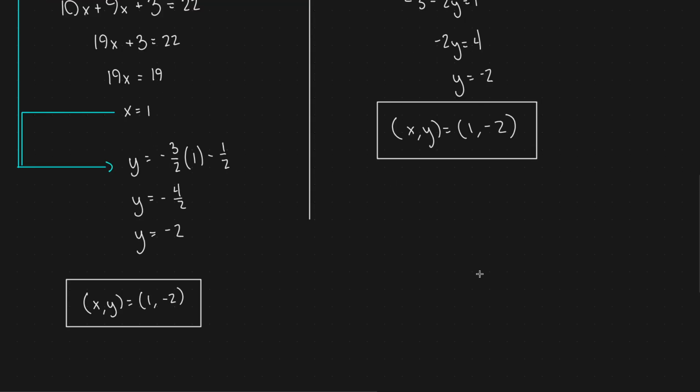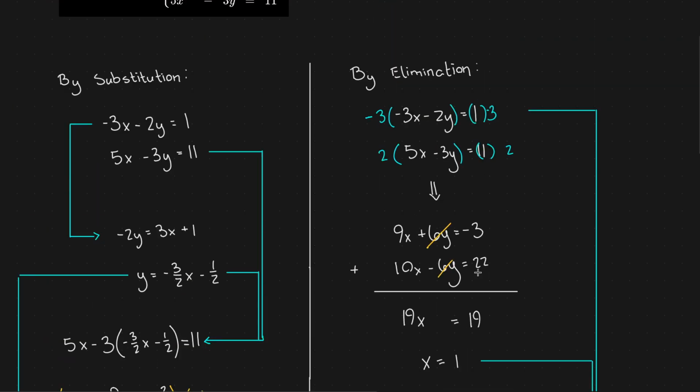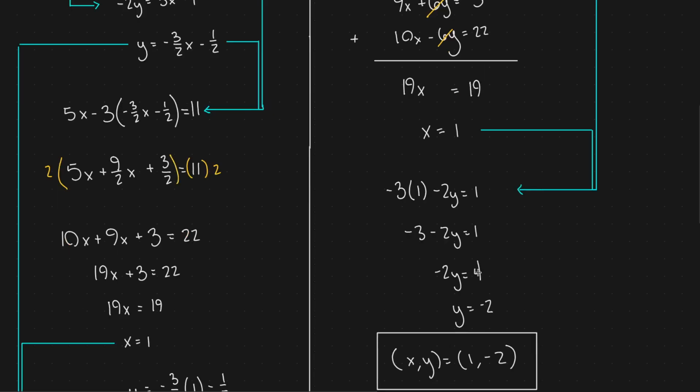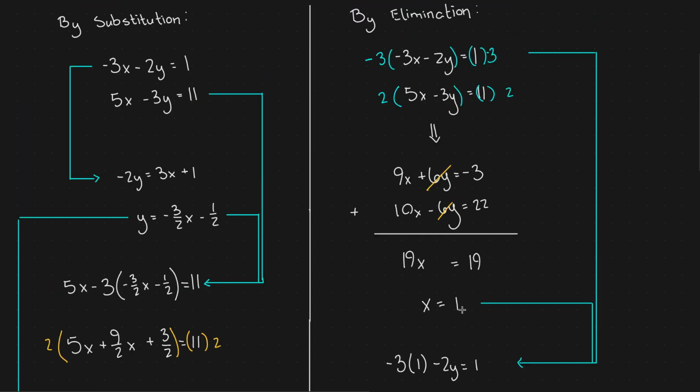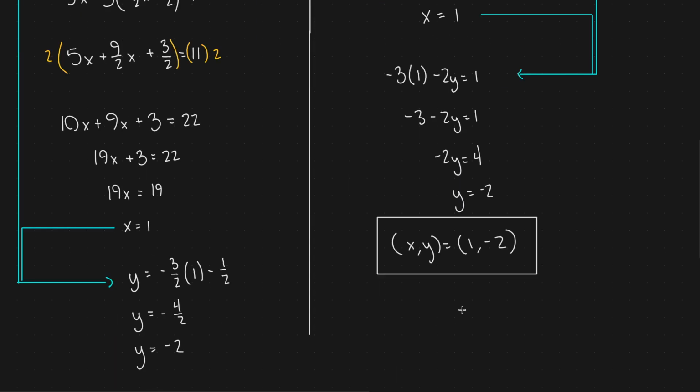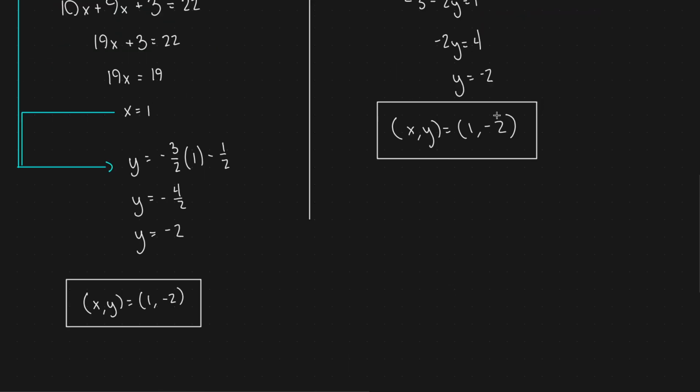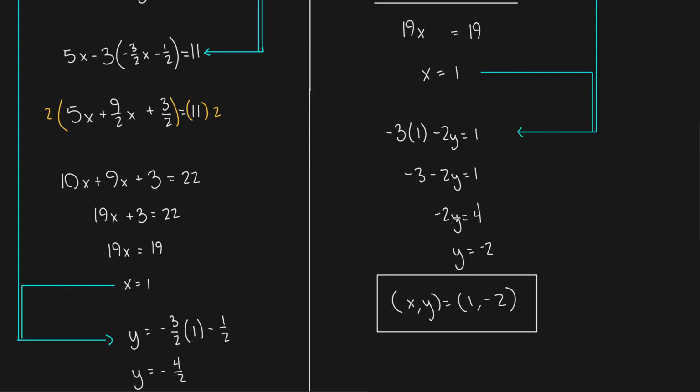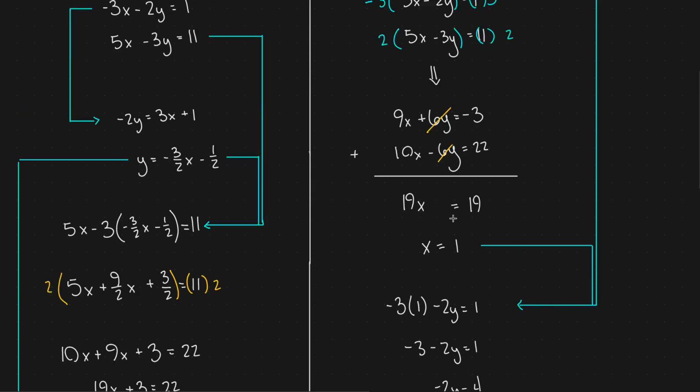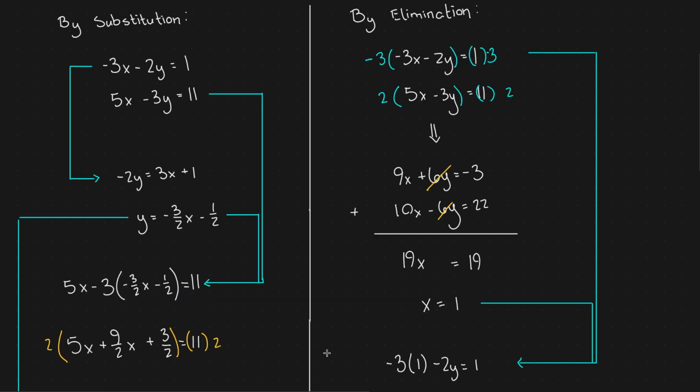Okay, same method both ways. But this way, our method by elimination, was a fair bit faster, right? Just looking at them side by side, you can see that the side on the right is shorter. And what's more, we were able to manipulate things so that we didn't have to deal with any fractions like we did on the left-hand side.